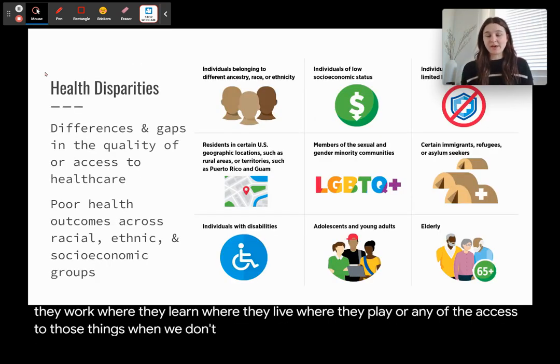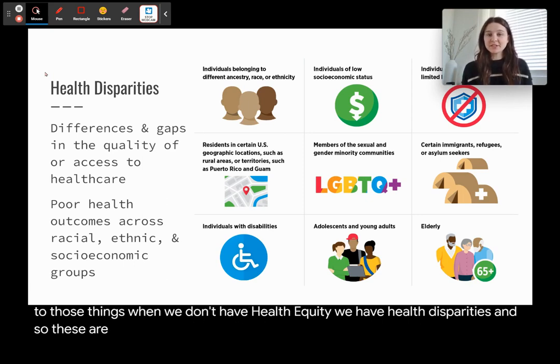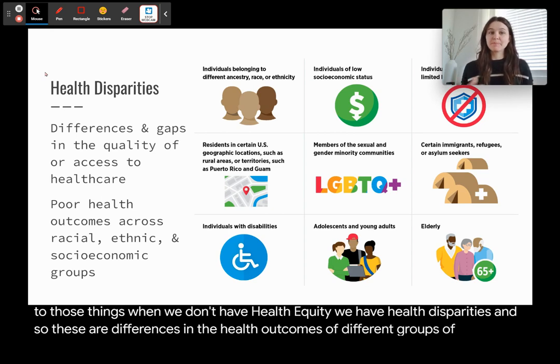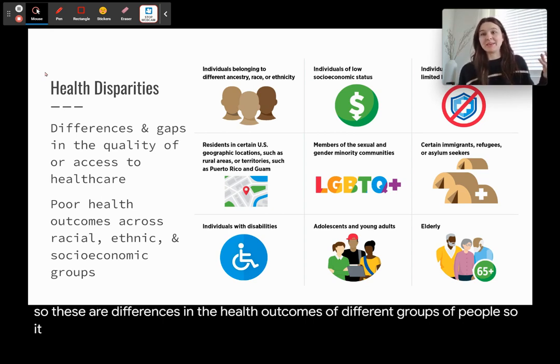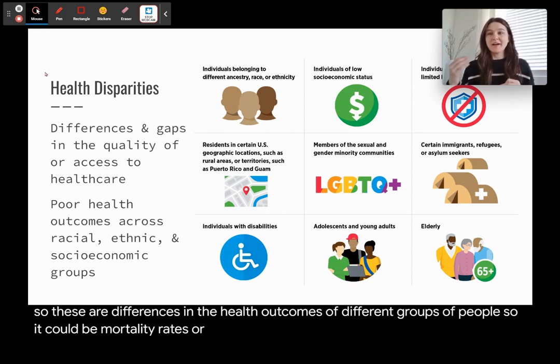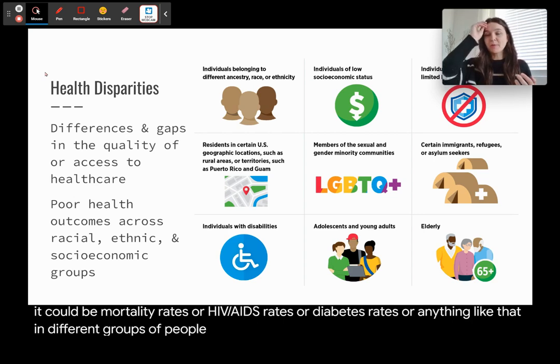When we don't have health equity, we have health disparities. And so these are differences in the health outcomes of different groups of people. So it could be mortality rates or HIV/AIDS rates or diabetes rates or anything like that in different groups of people.